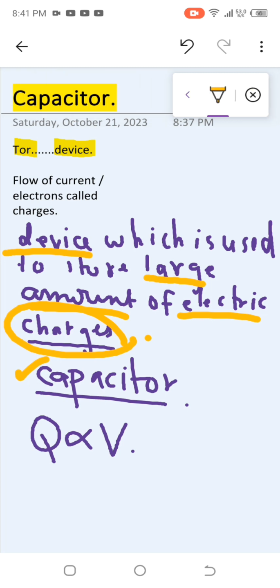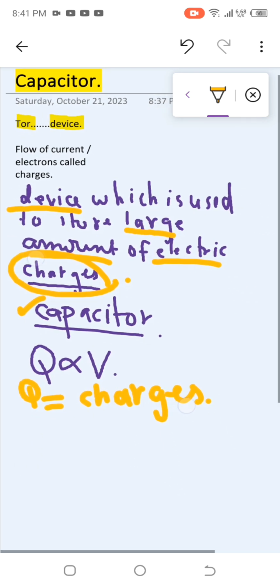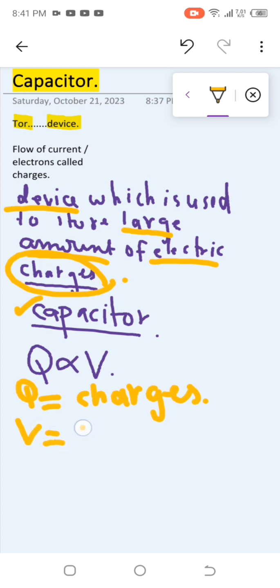So when we increase the potential difference, the ability of a capacitor to store more charges increases. Here Q is charge and V is potential difference. When we decrease the potential difference, the charge stored will decrease.